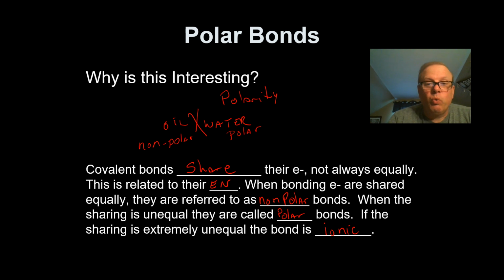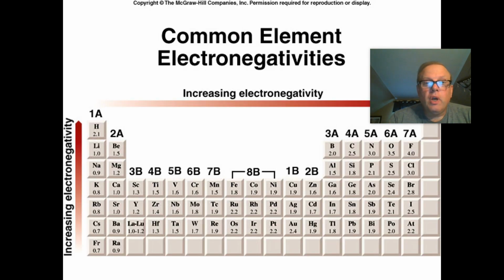It has to do with what is called polarity, whether or not the electrons are shared equally or not. Here's your electronegative values chart. Again, we're only talking about the nonmetals now, so we're going to be over in this area, and we're going to have hydrogen. Everything pretty much has a high electronegative value.